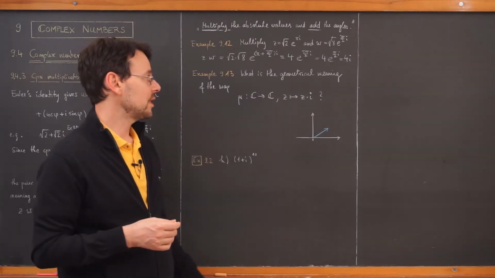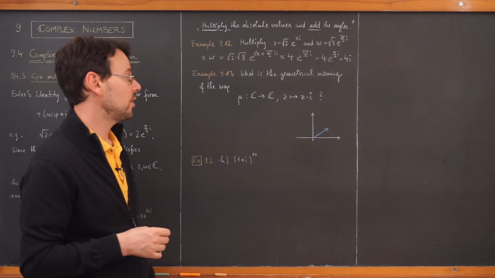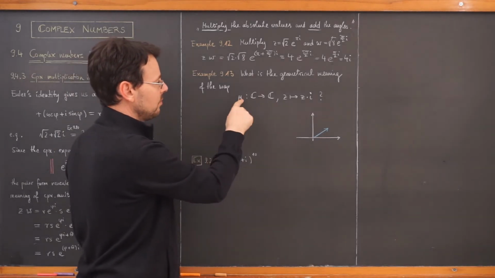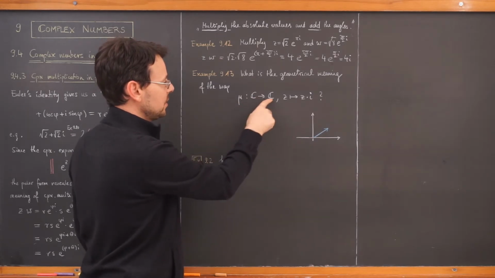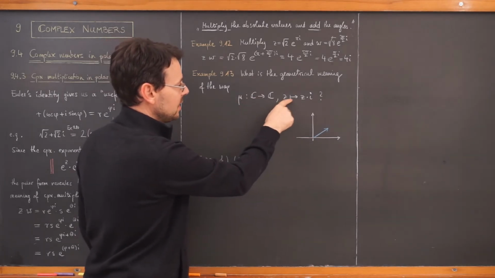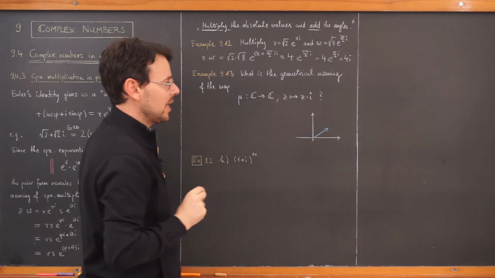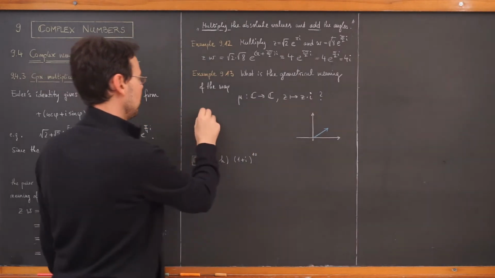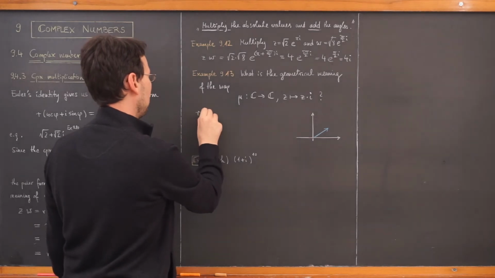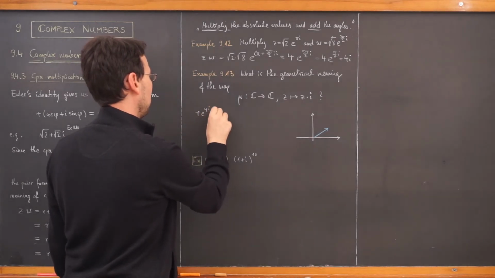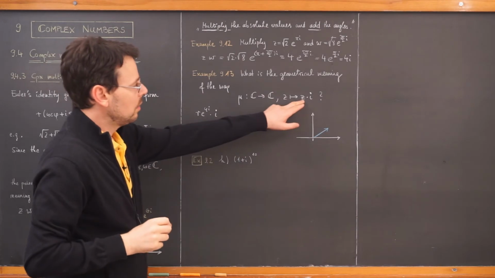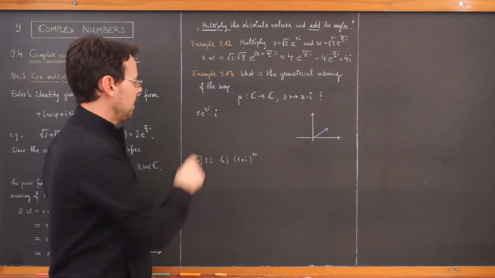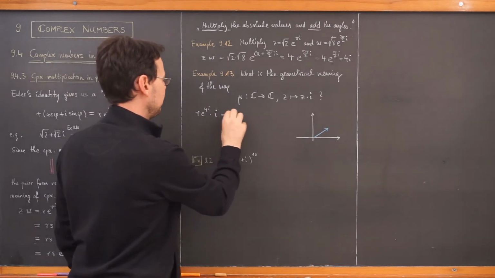For example, in electrical engineering or even quantum physics. We are looking at the map mu for multiplication, going from C to C, mapping a z to z times i. So we multiply with i. What does that do? Well, we assume that the polar form of z is r times e to the phi i.